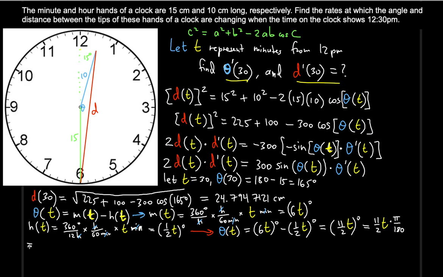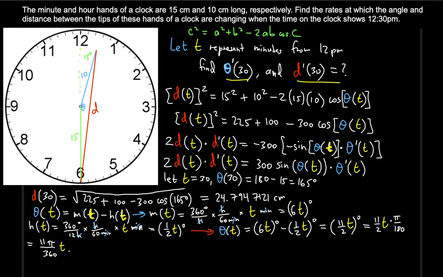So as a result, this is what? This is going to be 11 pi over 60, 11 pi over 60t. So now we know, based on this work, that we can find the theta prime of t, because we already found the theta of t, which is 11 pi t divided by 360.